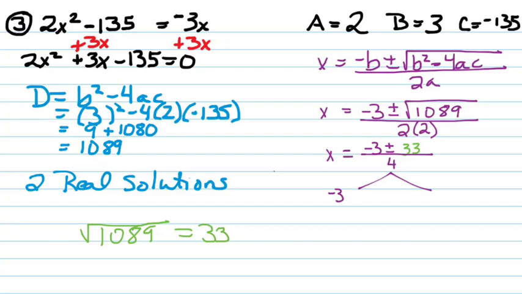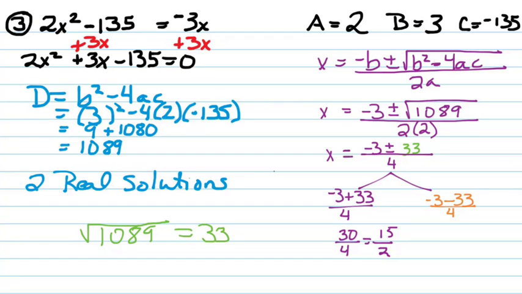So negative 3 plus 33 divided by 4. What is that going to be? That's going to be 30 divided by 4, which reduces to 15 halves. The other one is going to be negative 3 minus 33 divided by 4.